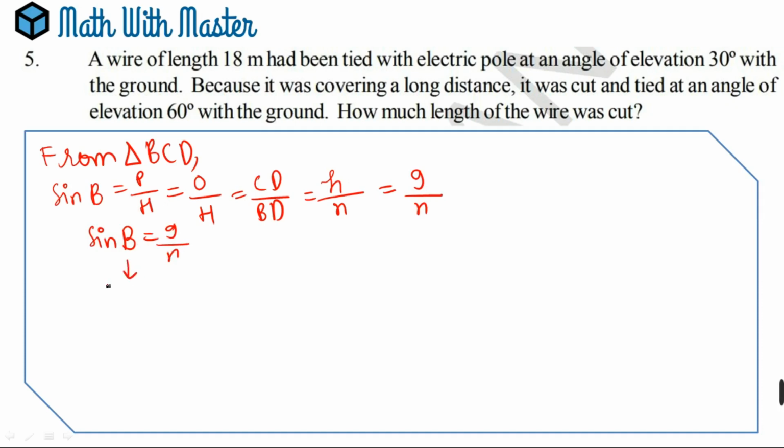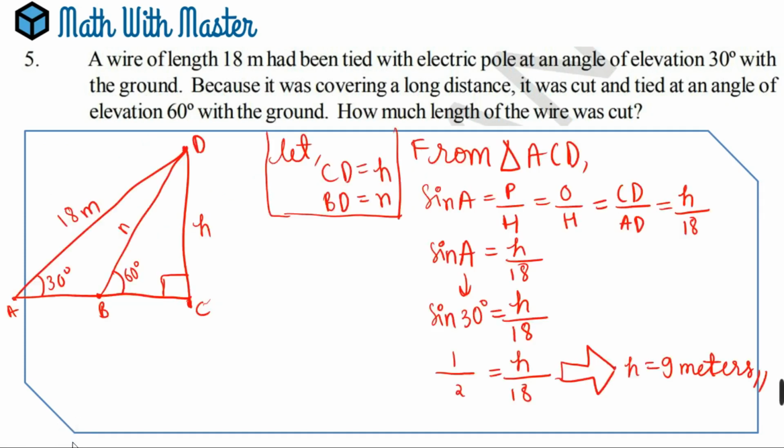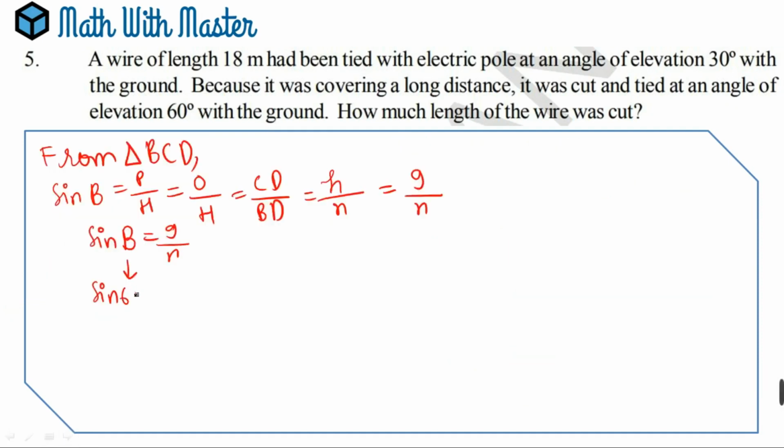So instead of B, I can write the value of B, which is 60 degrees, is equals to 9 by n. So now why have I written sin B as sin 60 degrees?